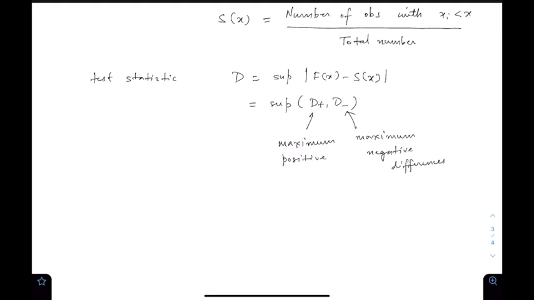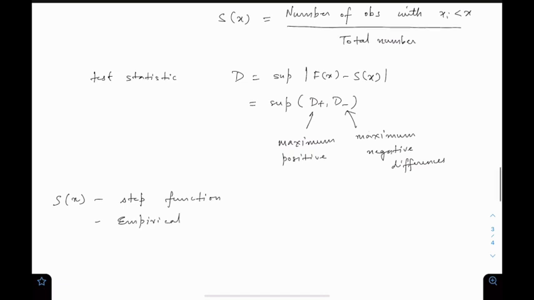Now, S(x) is a step function, an experimental approximation of the distribution function, and is called the empirical distribution function, or EDF for short.